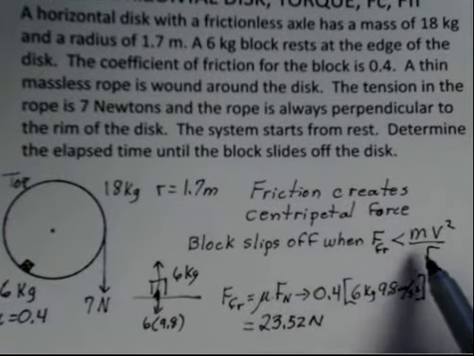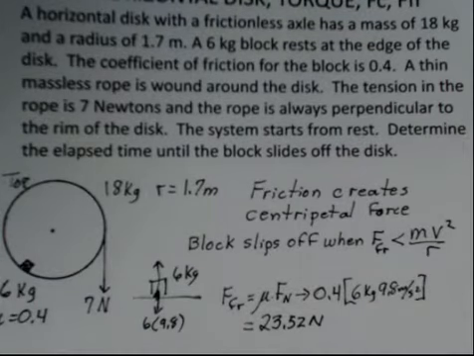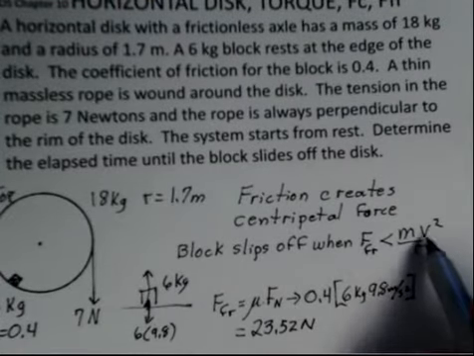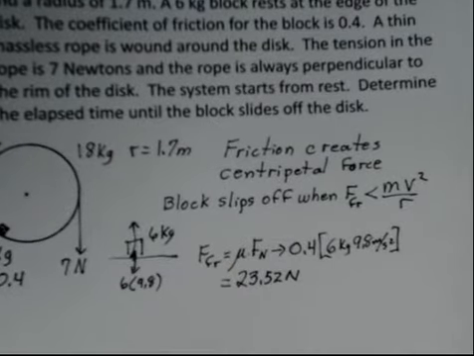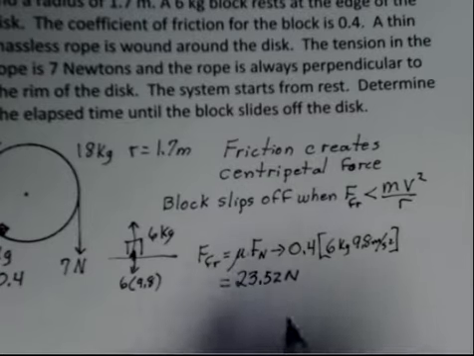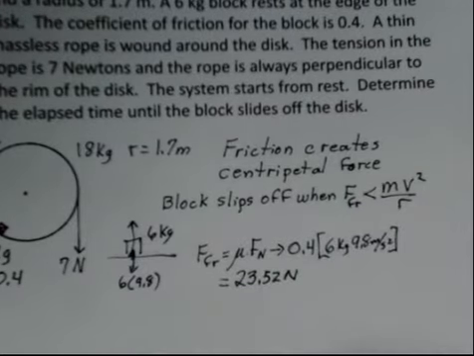This force of friction is going to balance the centripetal force required at the critical point, when the speed of rotation gets to a place where friction can't match the required centripetal force. So the way I'm going to do the calculation is to set the force of friction equal to the required centripetal force.